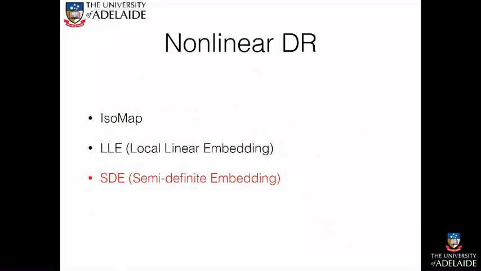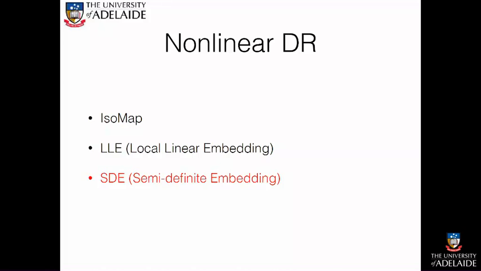All right, so the last one is called semi-definite embedding. Sometimes it's also called maximum variance embedding, MVE. Okay, actually later it was renamed maximum variance embedding. So just recall, in PCA, we actually find the projected space, and in that space, the variance is maximum, right?